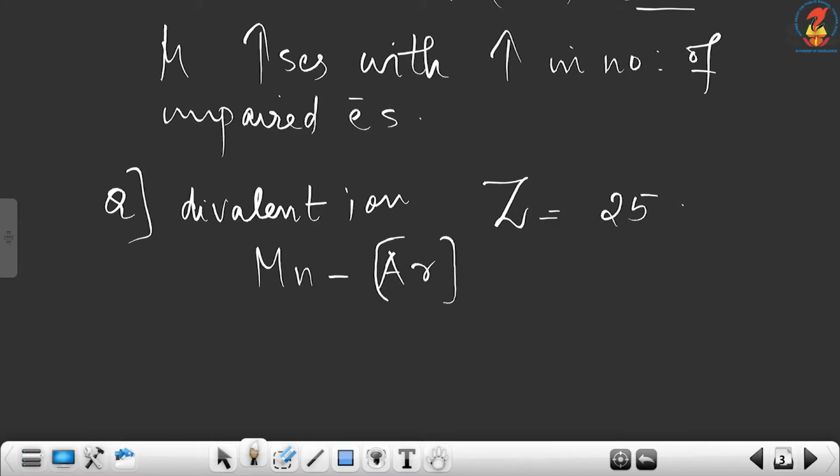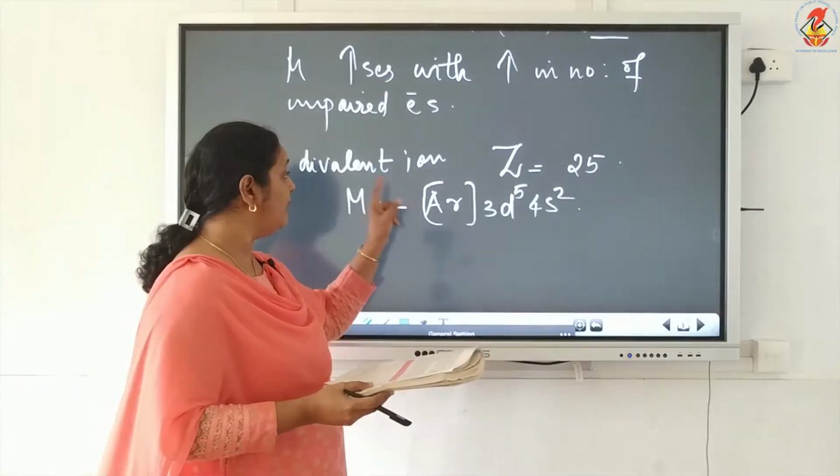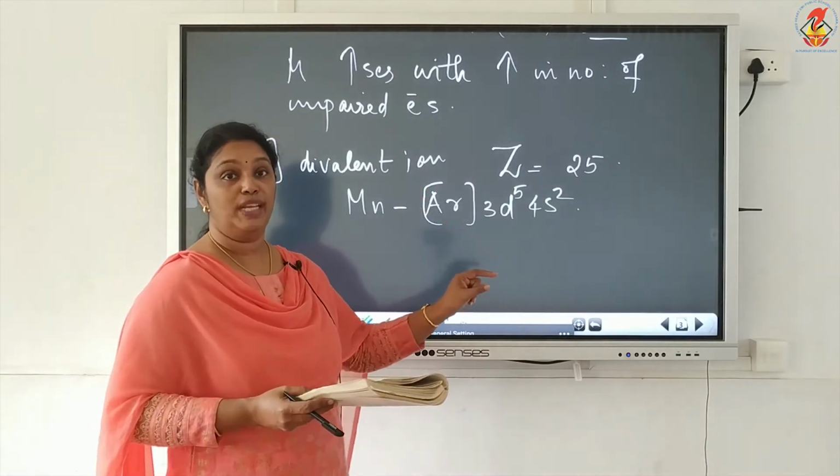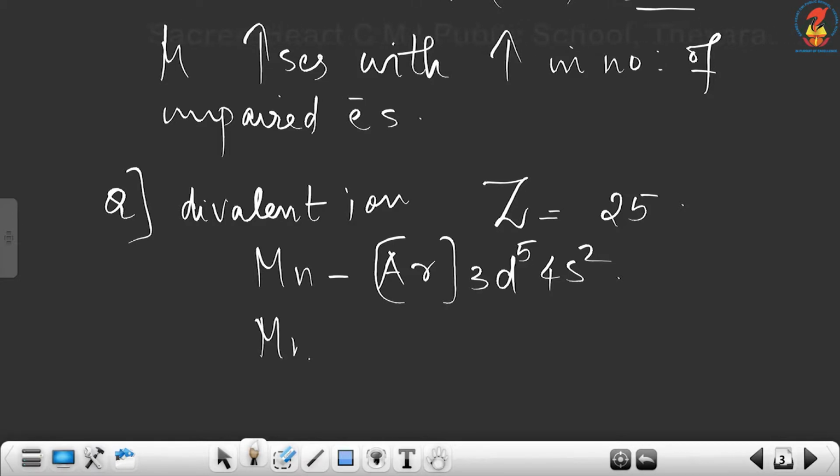Manganese is argon 3d5 4s2. You are asked to find the magnetic moment mu of a divalent ion, which means two electrons are lost from manganese. It becomes Mn2+. So, the configuration will be argon 3d5.